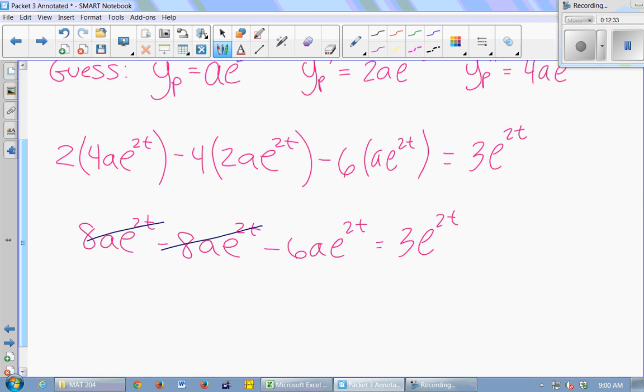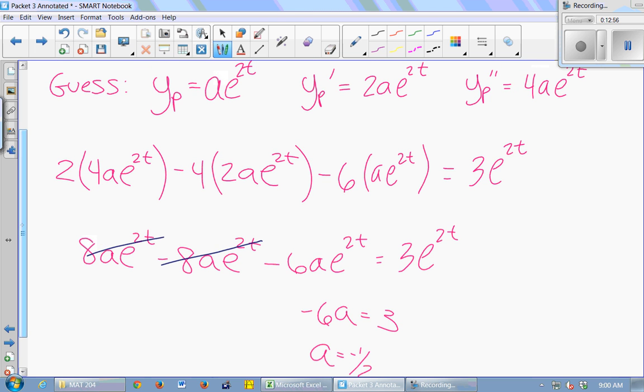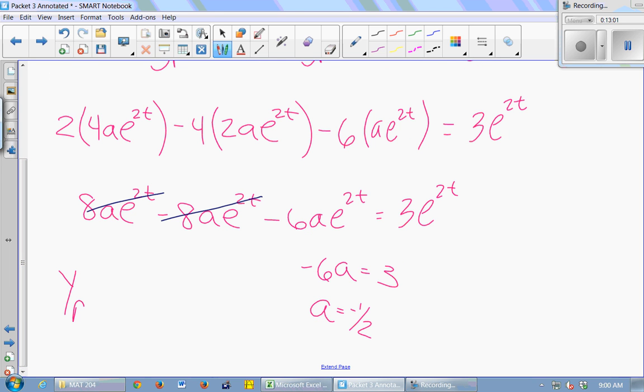So negative 6a e to the 2t equals 3e to the 2t, then negative 6a has to equal 3. The coefficients have to be equal. So you solve for a, and you get negative 1/2. So my y particular, a solution to the differential equation, would be negative 1/2 e to the 2t. That's step 2.